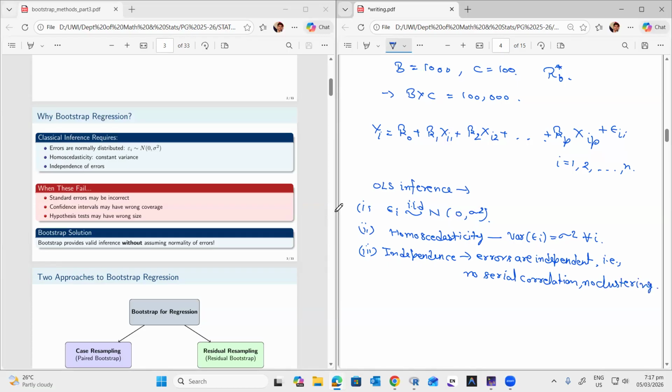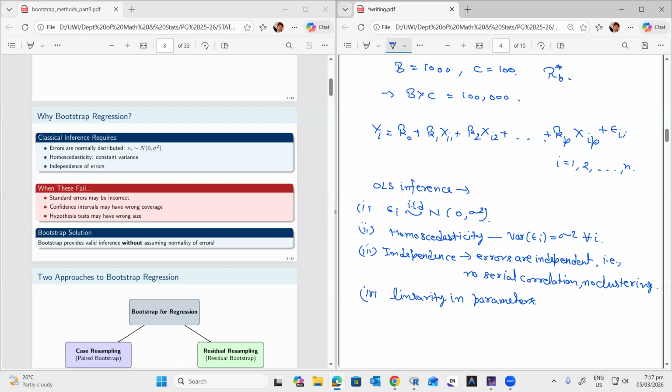And what should be the fourth one? It should be linearity in the parameters. And no important omitted variables should be there.